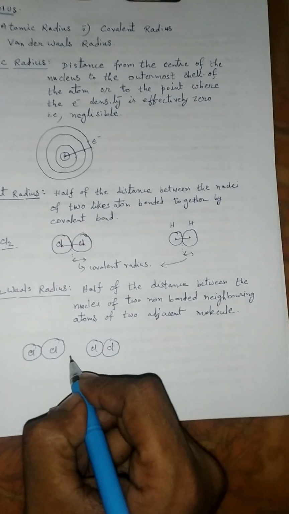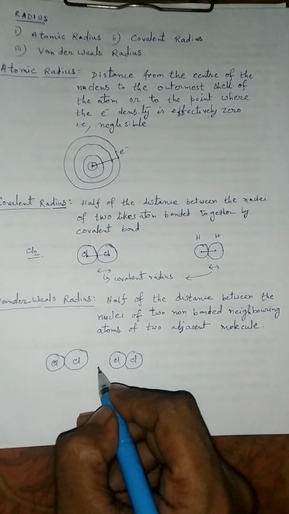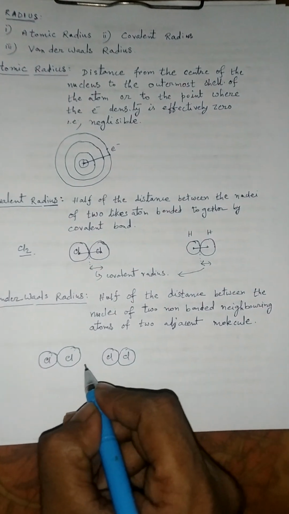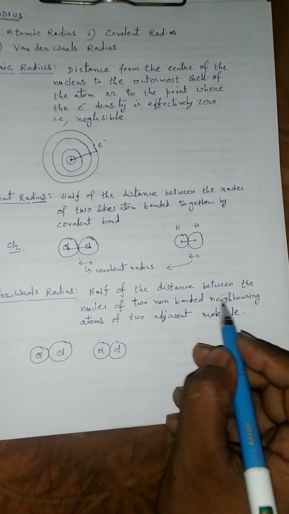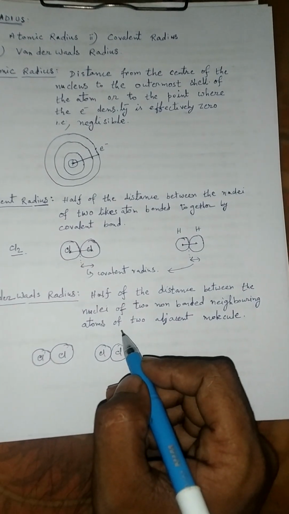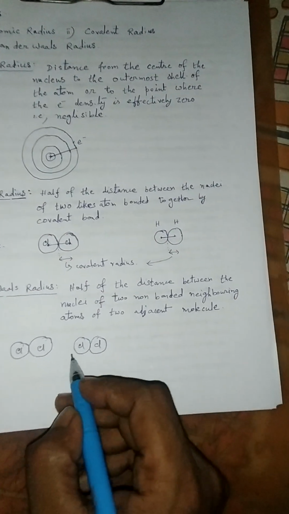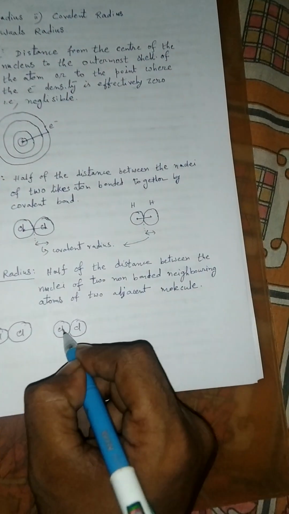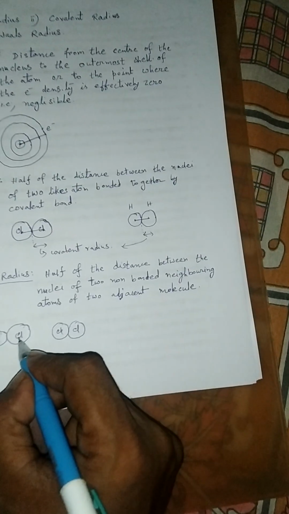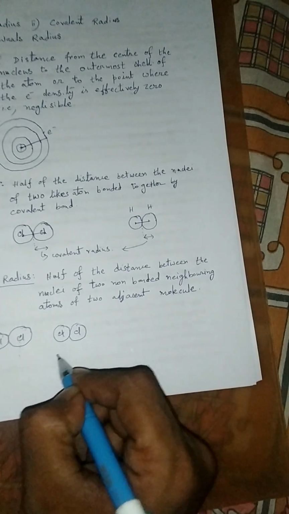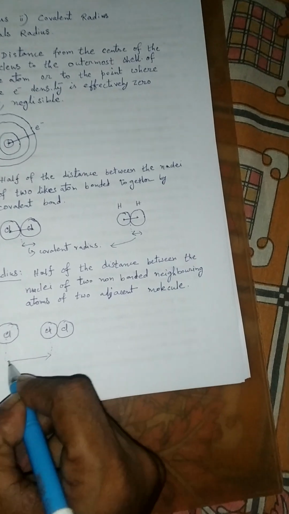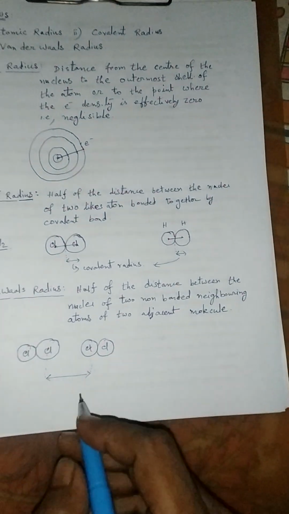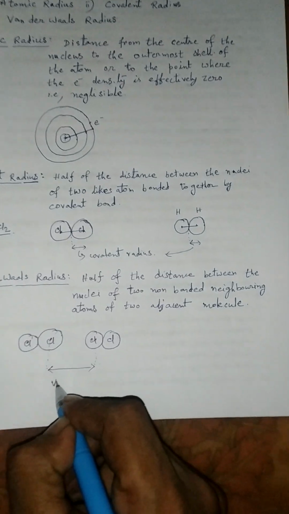Now van der Waals radius means the distance between the nuclei of two non-bonded neighboring atoms. Here this is one chlorine, this is another chlorine.